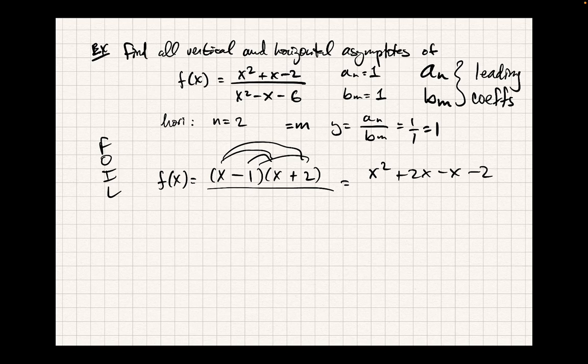Okay, and then let's factor the denominator. So I need x's here because they're going to multiply together to give x squared, right? x minus 3, x plus 2. Help me verify that. x squared plus 2x minus 3x minus 6.